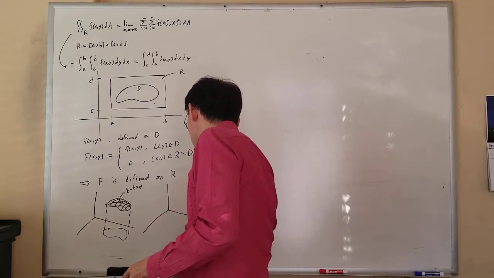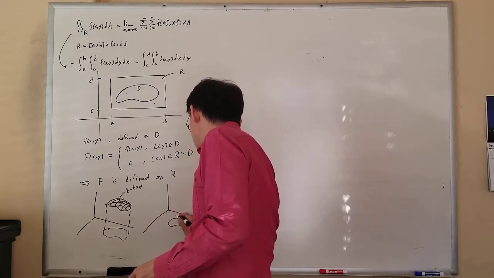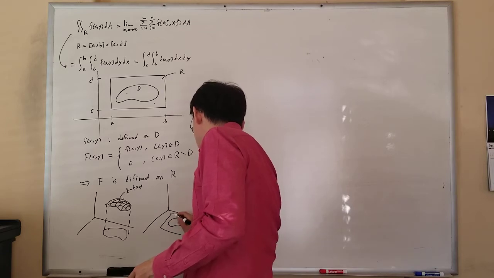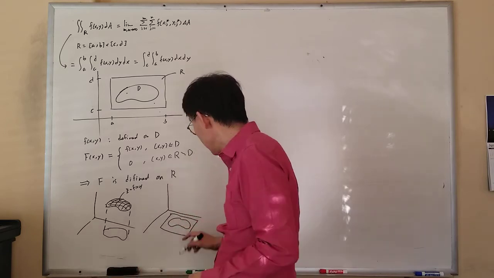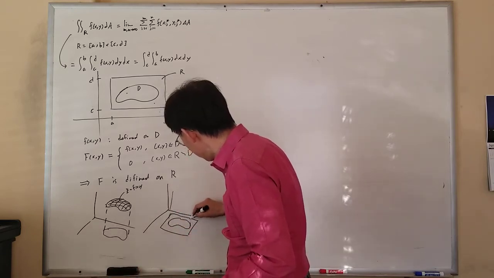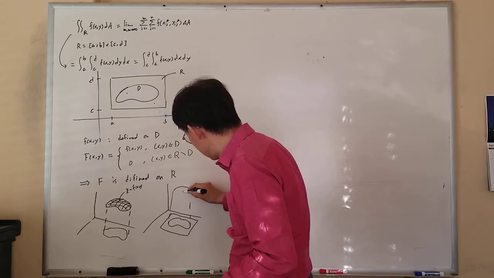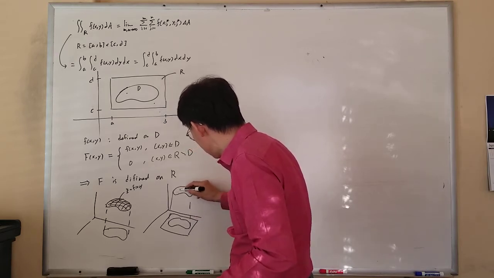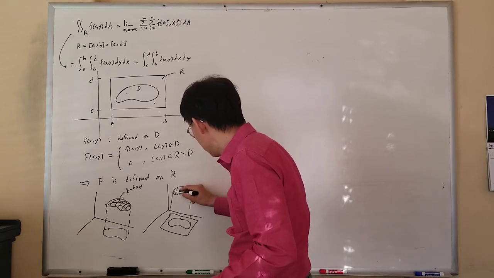Then the rectangular domain is including it like this. Then your graph of capital F is the same as this surface, right?